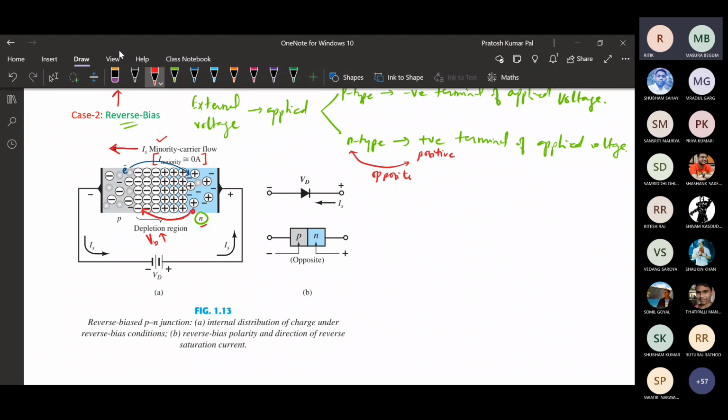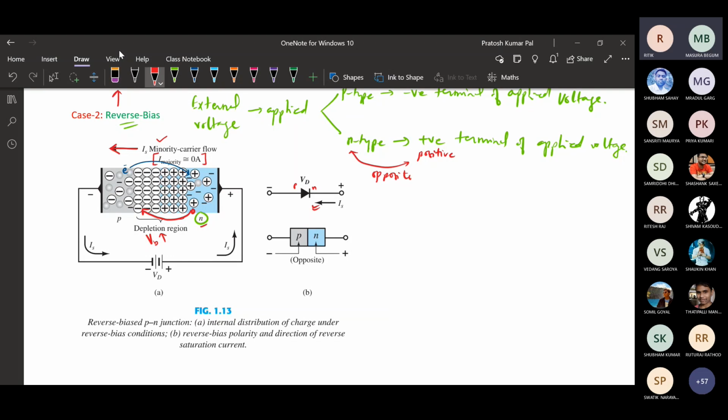So this is the symbol. The current direction will be given from the negative terminal to the positive terminal, or from the n to the p terminal. So that is the case of reverse bias basically.